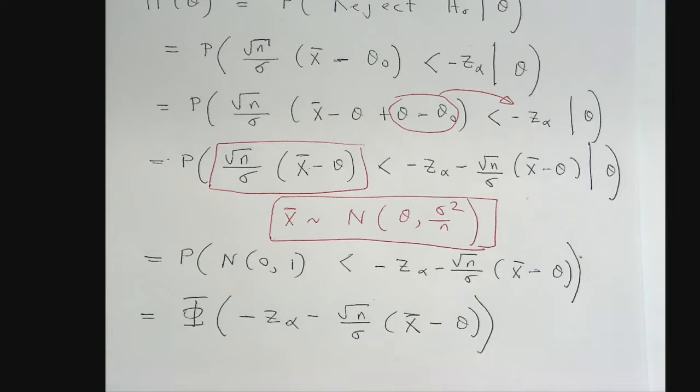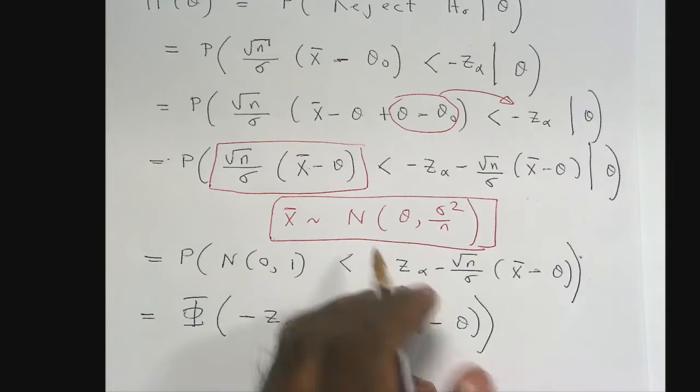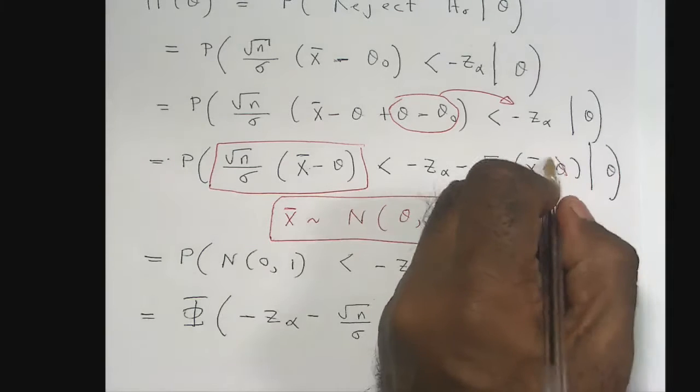Do you have a question? At line 3, when you continue at line 4, it is supposed to be theta minus theta naught. Why is x bar at line 4? Sorry. You mean over here, right?